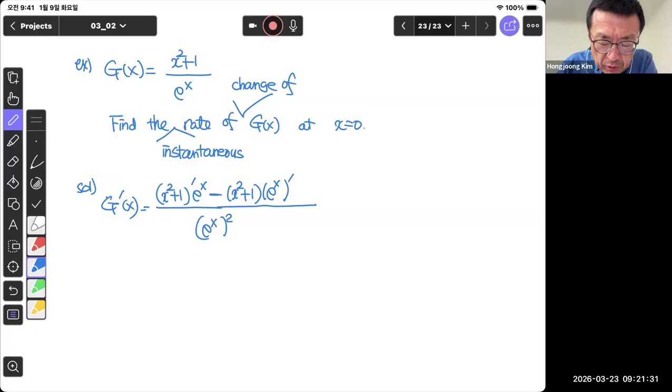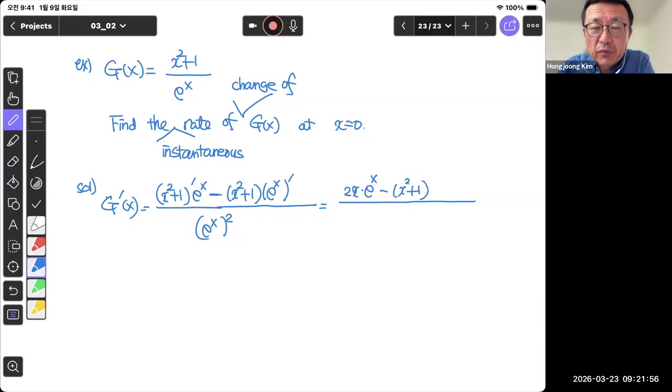So if I differentiate x squared, you get 2x. If I differentiate plus 1, you get 0. So the derivative of x squared plus 1 is 2x. That is multiplied by e to the x, minus x squared plus 1 times the derivative of e to the x, which is e to the x.